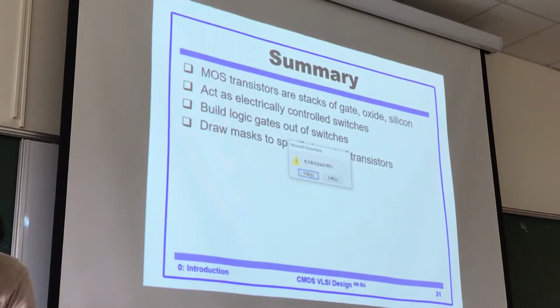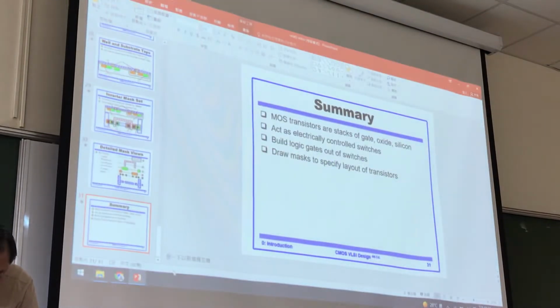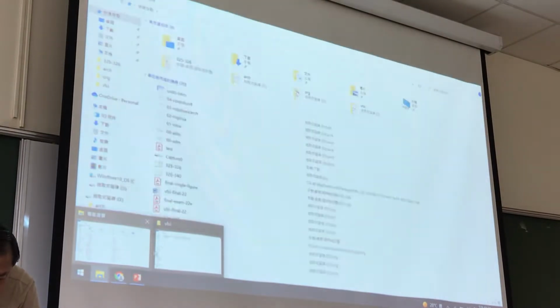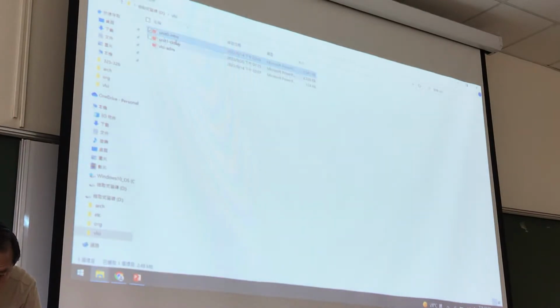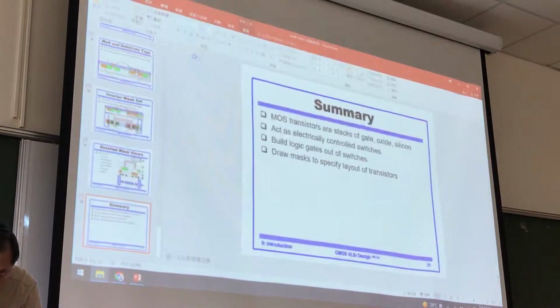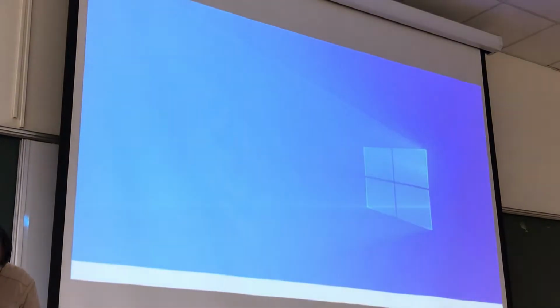Let's go look at unit 1. We're looking into the detail of the circuit and the manufacturing process.